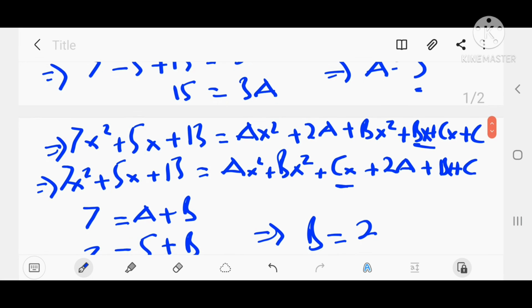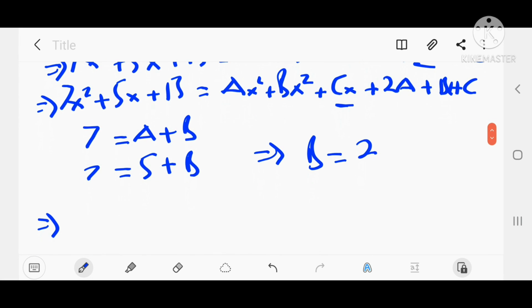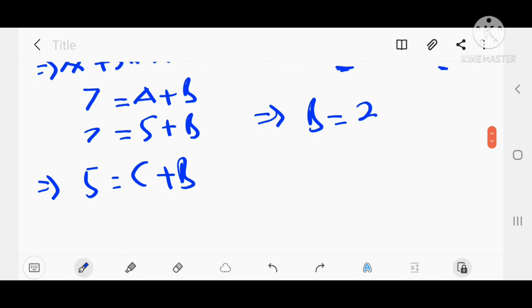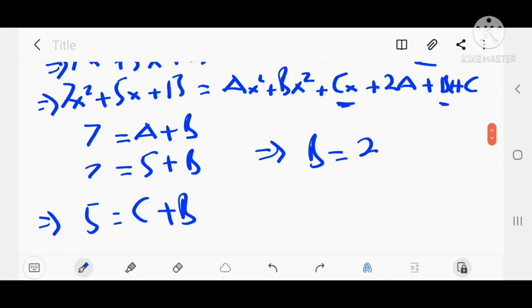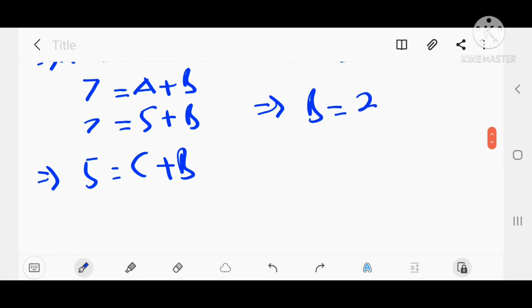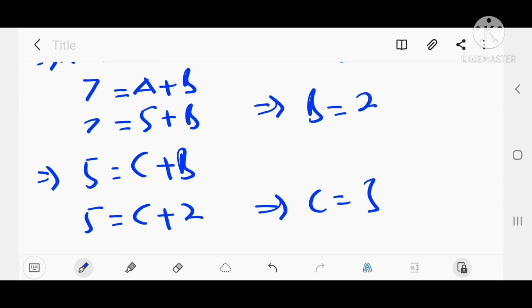So that means that we'll have 5 equals c plus b, because cx here and bx. Did you see that one? But b equals 2. So we have 5 equals c plus 2. So that means that our c will be equal to 3.